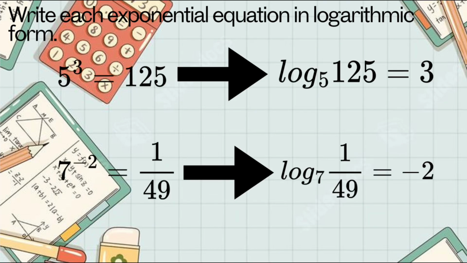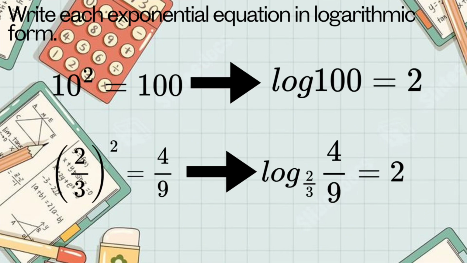Another example is 5 raised to the power of 3 is equal to 125, and the logarithmic form is log 125 to the base 5 is equal to 3. The other example is 7 raised to negative 2 is equal to 1 over 49, and the logarithmic form is log 1 over 49 to the base 7 is equal to negative 2.